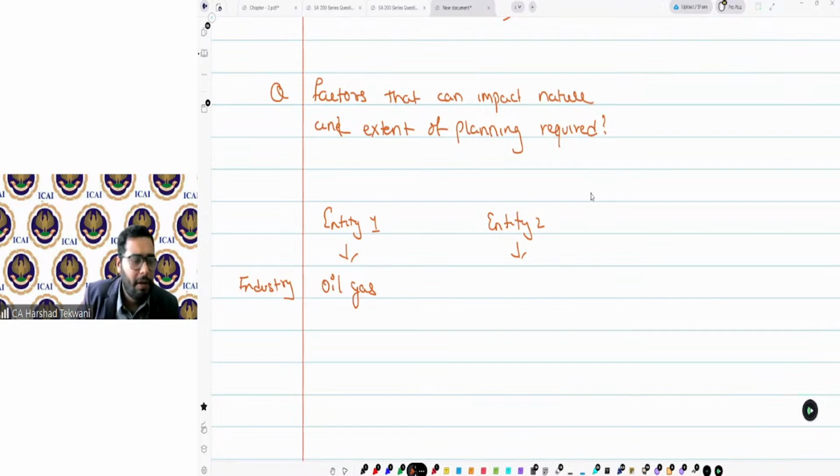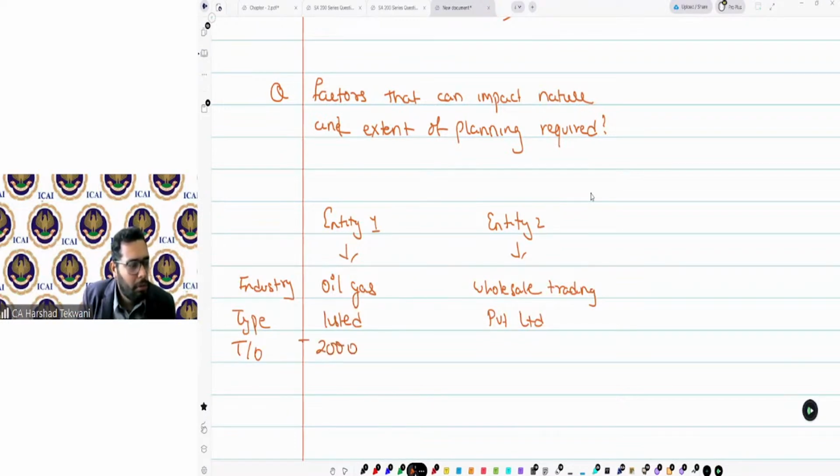Entity 2 is wholesale trading. Type of entity: one is a listed entity, the other is a private limited. Then turnover: 2000 crore for one, 50 crore for the other.